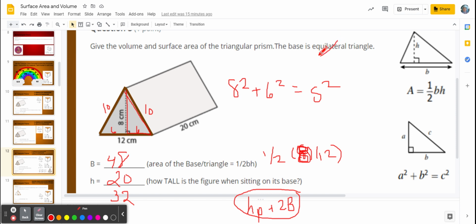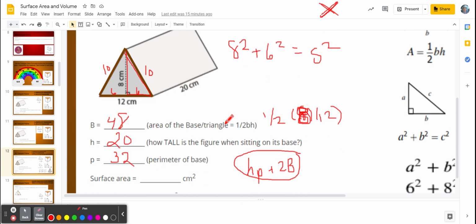Oh, and you're right, it is not an equilateral triangle. I need to change that. For volume, you use the big B, which is the 48.